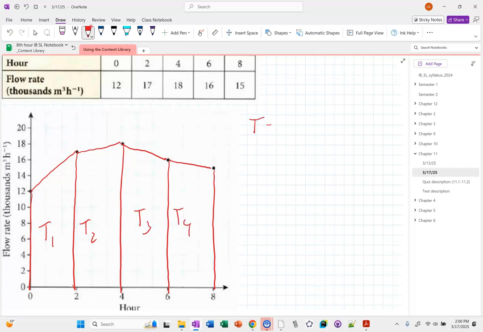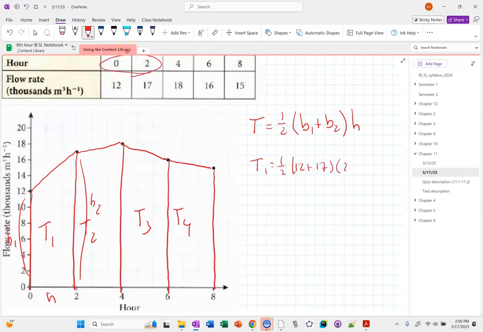Remember the area formula for a trapezoid from geometry would have been this. Oh, I do not remember that. So this side is B1, that side would be B2, and that piece is the height. So for T1, the area is going to be 1/2 times 12 plus 17 times the difference in the x's, so 2.